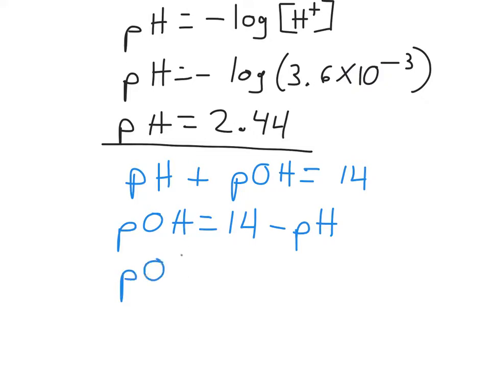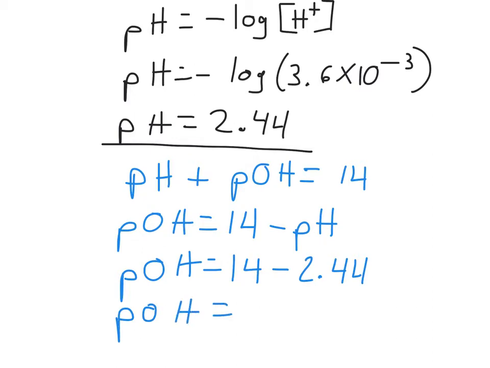That's everything we have to do. 14 minus the 2.44 that we obtained from the pH, and that will give us the value of the pOH, and that is 11.56.